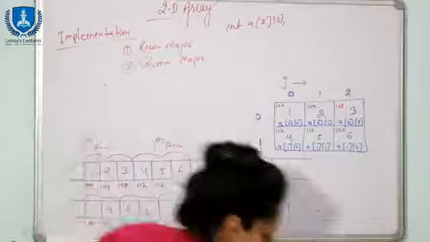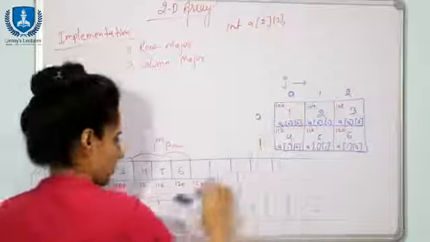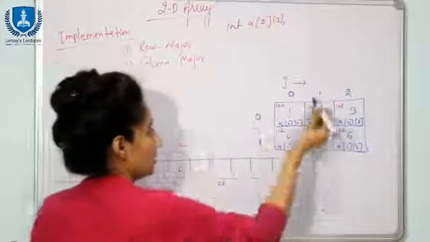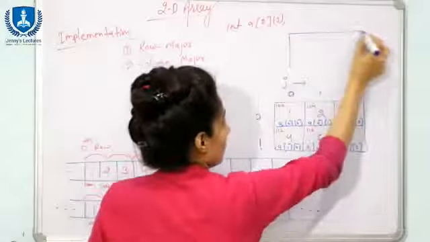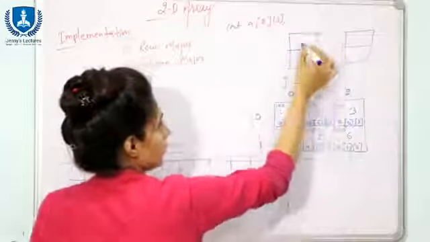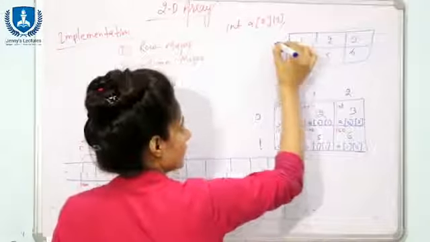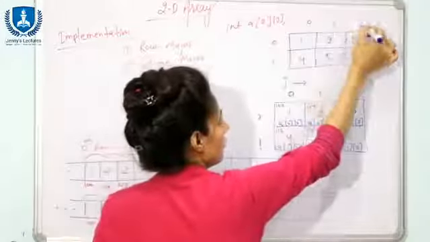For this column major representation, how to represent it in matrix form? See, in this case, we are having 2 rows, the same values would be there, 1, 4, 2, 5 and 3 and 6, with indexes 0 and 1, 0 and 1 and 2.